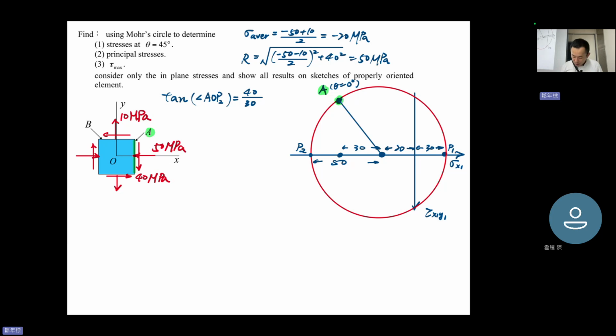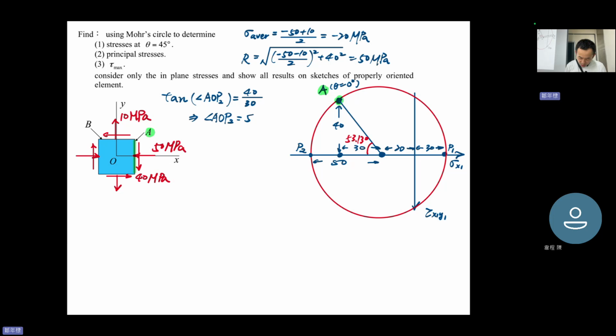Because we have the height here, 40, and down below 30. So you can get this angle. The angle is 53.13 degree, by typing this into the calculator.